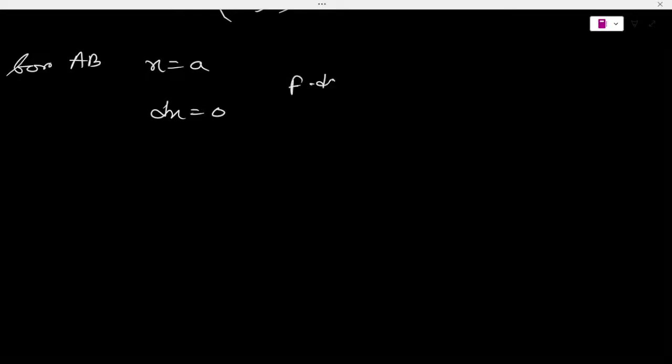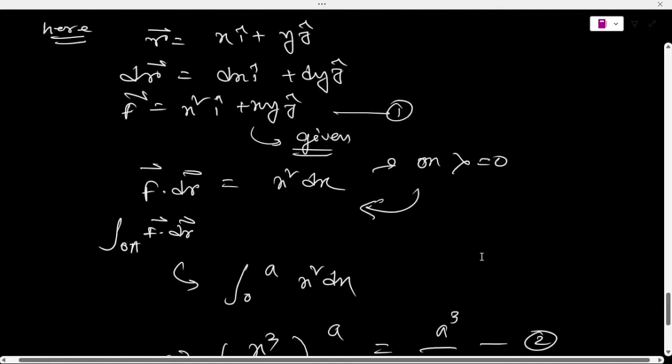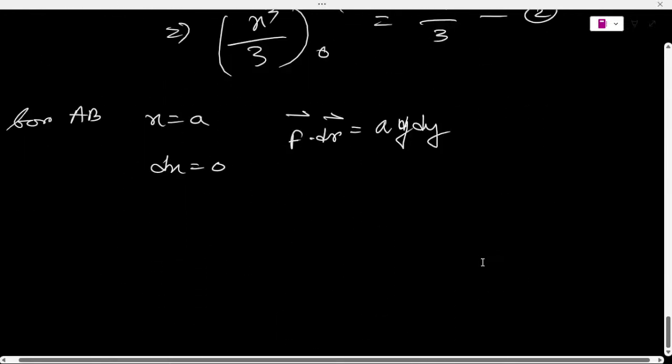Then f dot dr is equal to a y dy, since x is equal to a. Clear, it is a y dy.